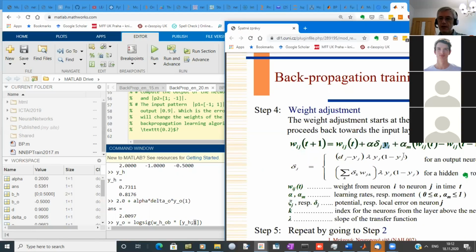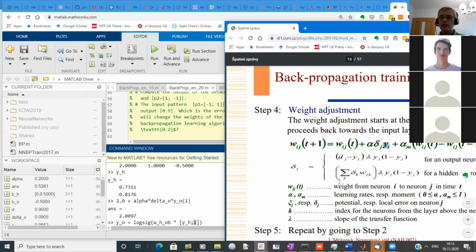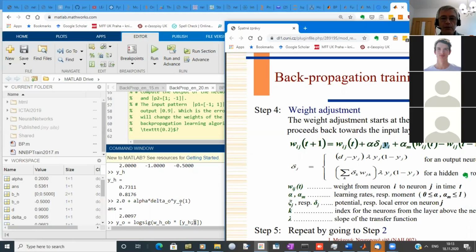When you wrote the code to update the value 2, the first value, you wrote y sub o in the last term. Shouldn't there be y sub h? I was wrong.